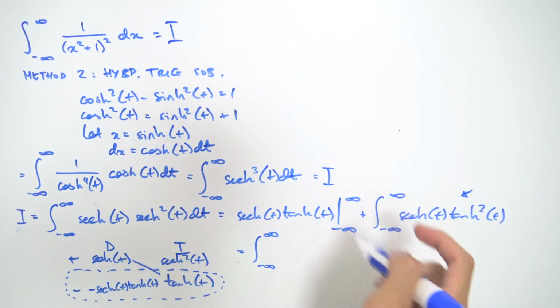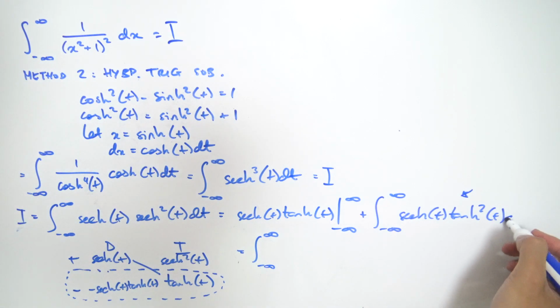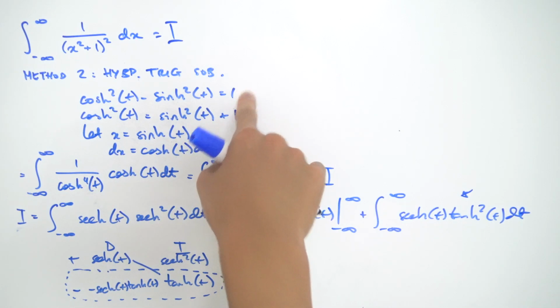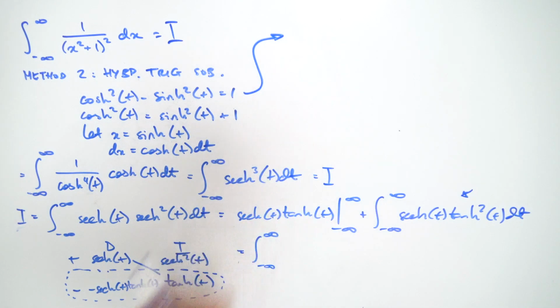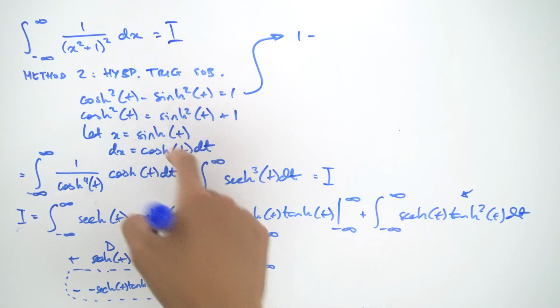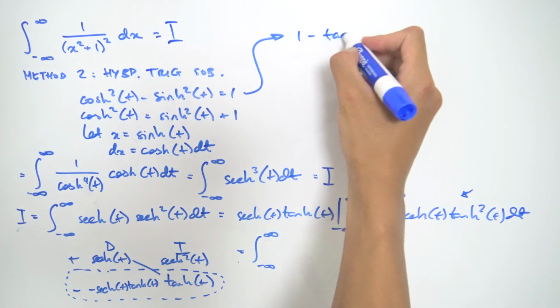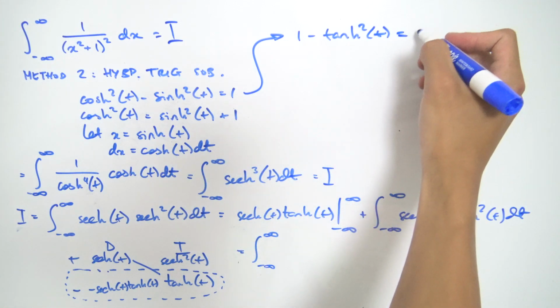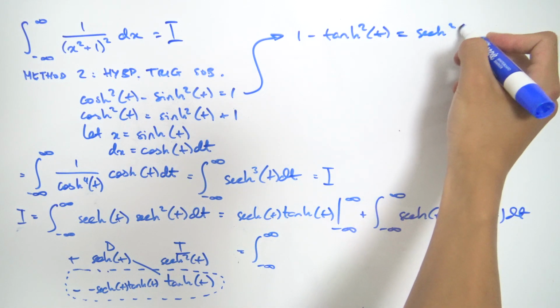We can figure out another nice hyperbolic trig identity for the tan squared right from, I believe, this line over here. If we divide everything through by cosh squared, we get 1 minus sinh squared divided by cosh squared, that's tan squared of t. And then this is equal to 1 divided by cosh squared, that's sec squared of t.